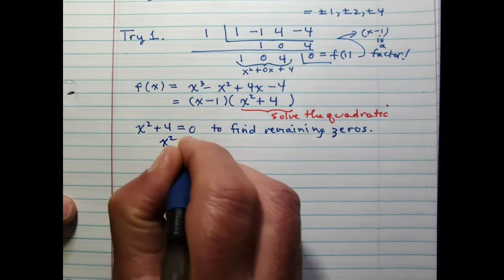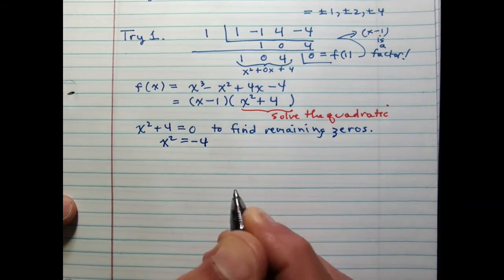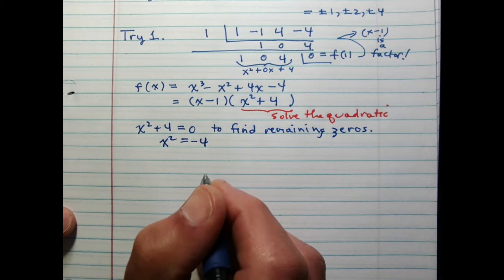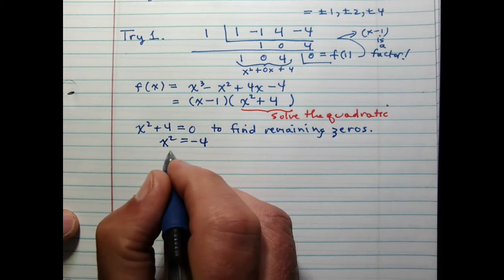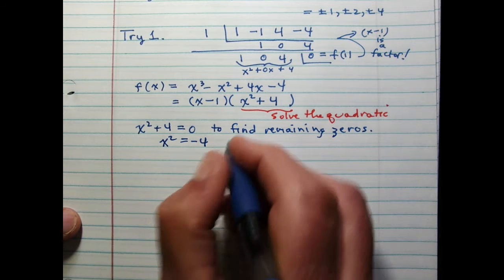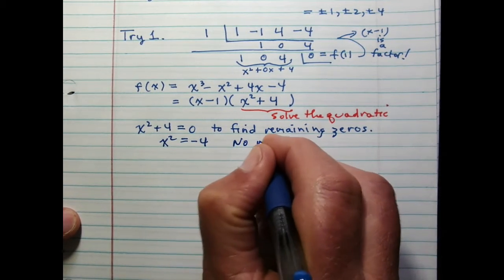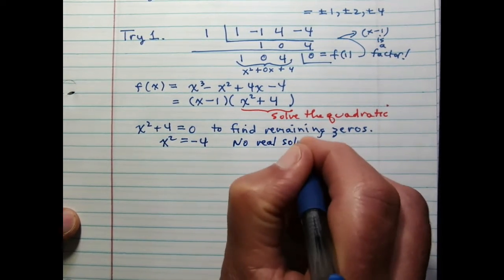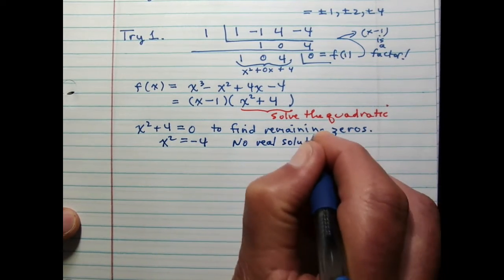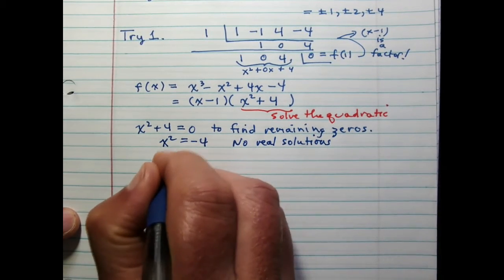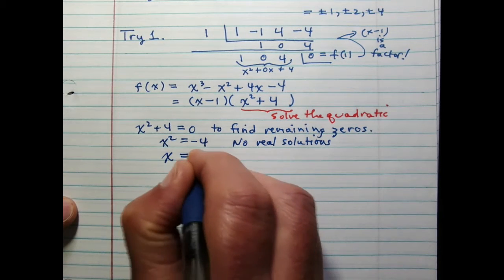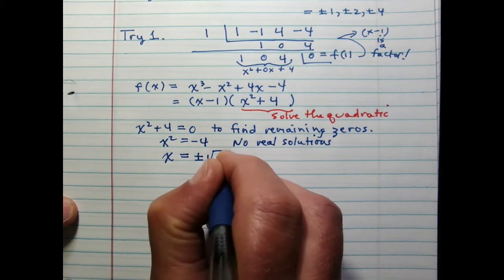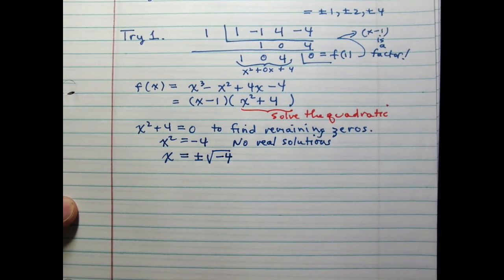But here we get x squared is -4, and there's no real solutions, right? Now we can write x is equal to plus or minus the square root of negative 4.